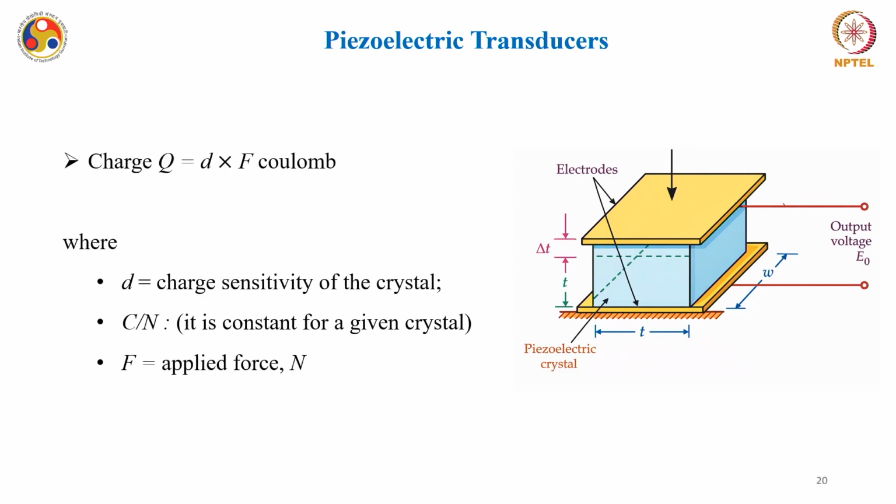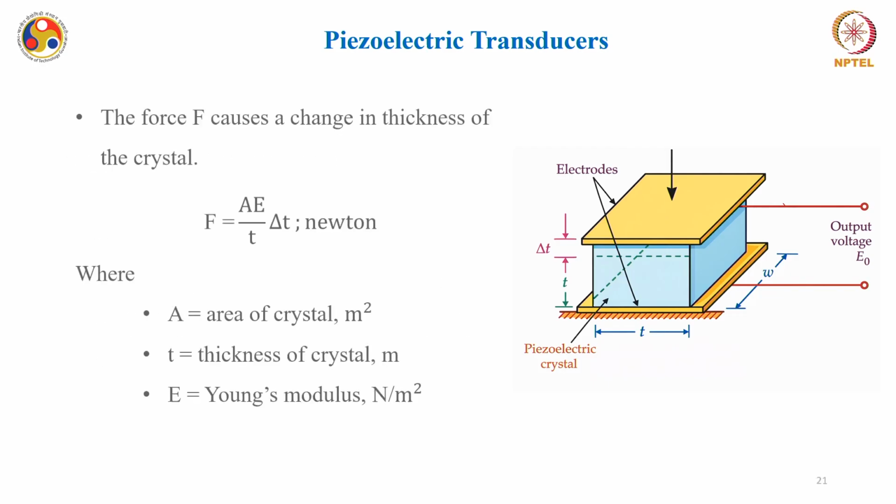The charge we have already seen from our previous equation is equal to D11 into Fx for generation in the x direction. In general I can write charge Q is equal to D into F, where D is the charge sensitivity of the crystal, in coulomb per newton, while F is the force applied in newtons.